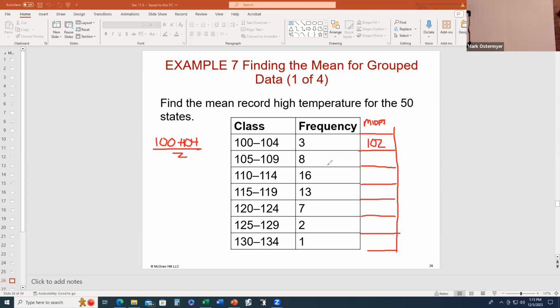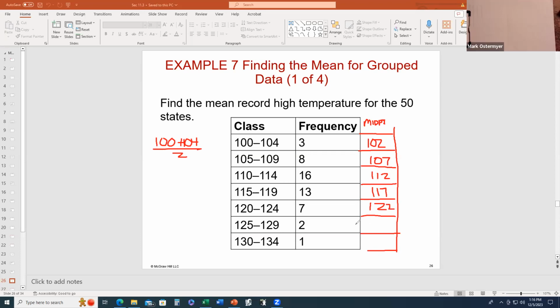What would be the midpoint of the second class? 5 plus 9 is 14, 14 divided by 2 is 7, so 107. How about 110 to 114? 0 plus 4 is 4, 4 divided by 2 is 2, so 112. 115 plus 119 divided by 2 is the same as 9 plus 5, which is 14, divided by 2 is 7, so 117. 122 would be the midpoint of this class.